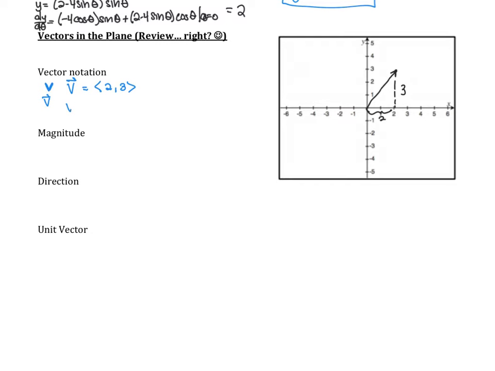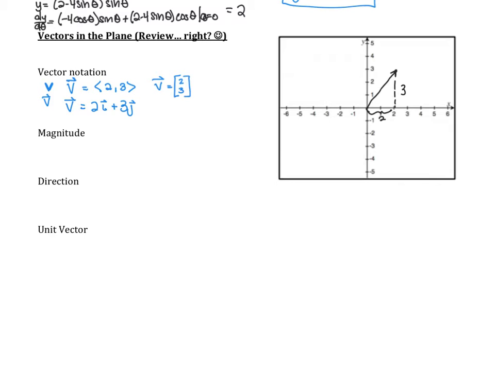We could see that this is the vector 2i plus 3j, where i and j are used, and we'll talk about what that means. Or you could see the notation where the vector is in brackets that looks like this.